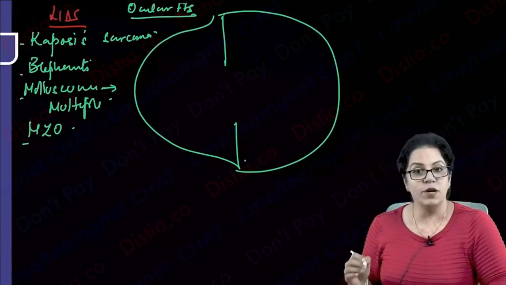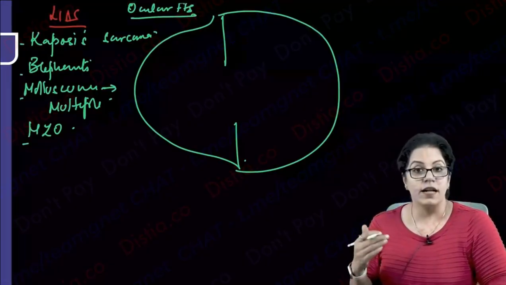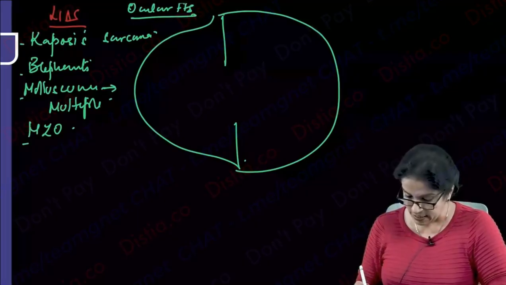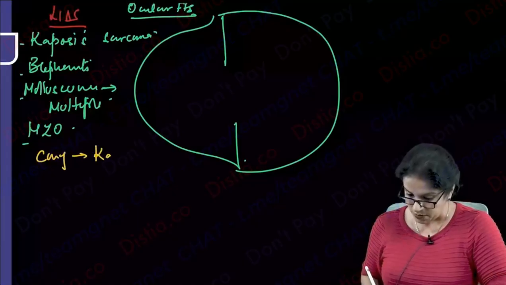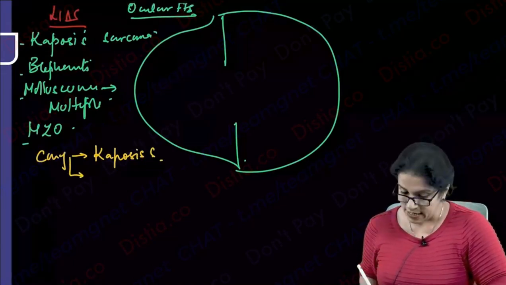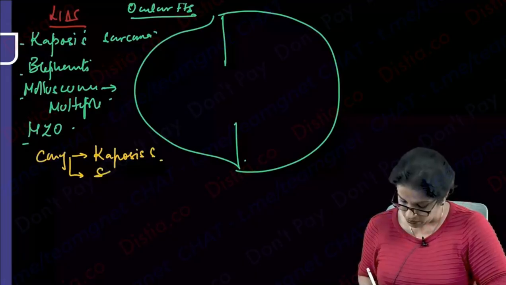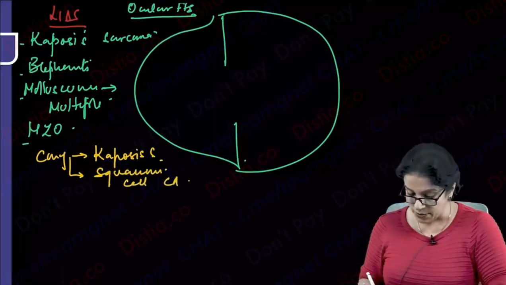Then what about here? If we talk about your conjunctiva, again in the conjunctiva we have to answer Kaposi sarcoma. Then squamous cell carcinoma is also more common. Next we talk about cornea.